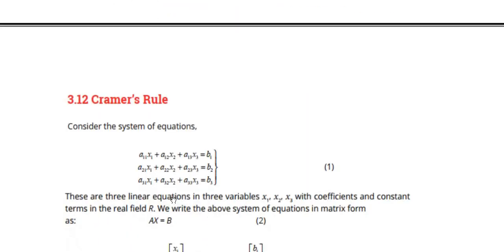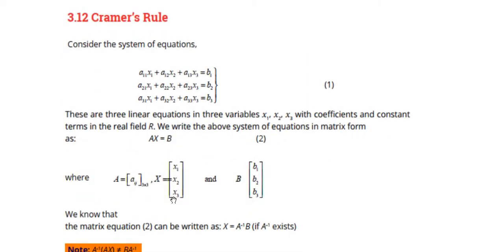Okay, now there is a rule which is Cramer's rule. Before this, in our previous lecture we discussed the method for solving a system of equations with the help of matrices, in which we find the determinant and adjoint, and then we find A inverse.